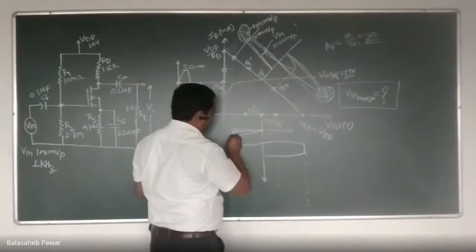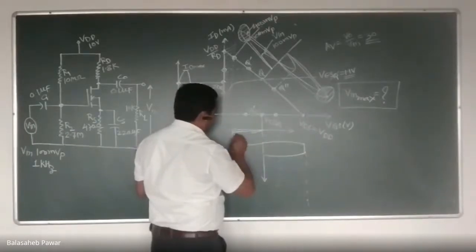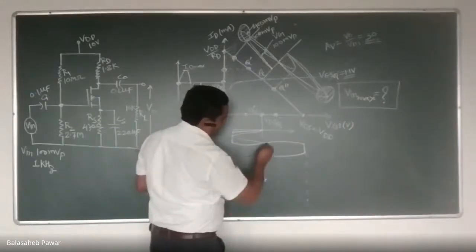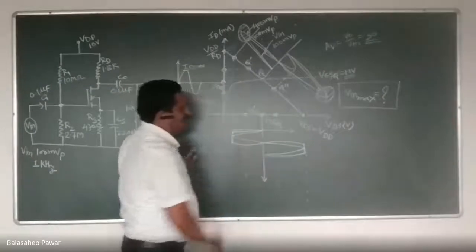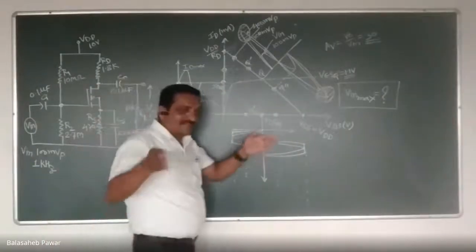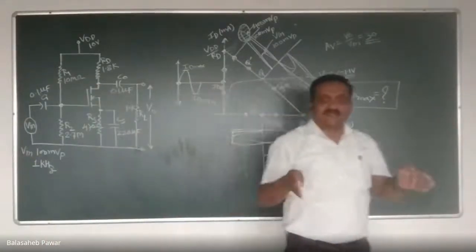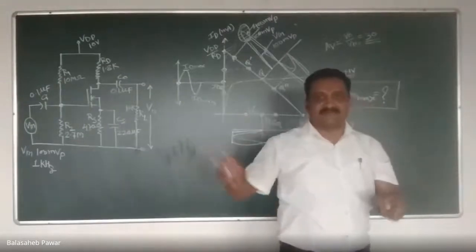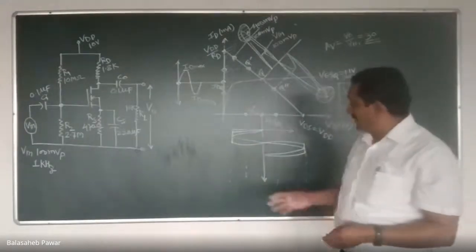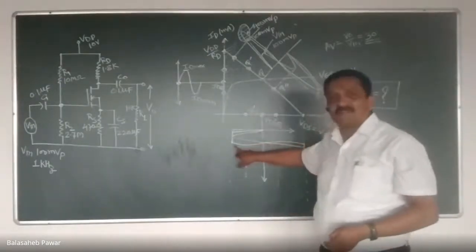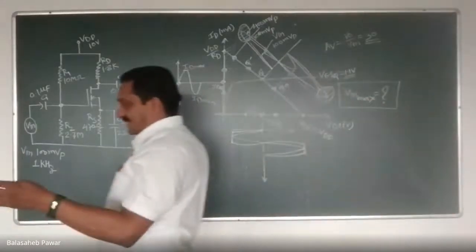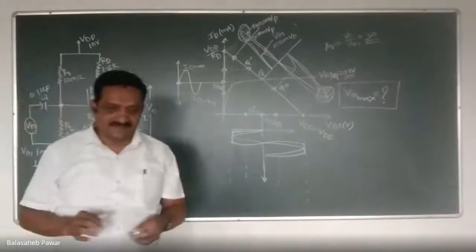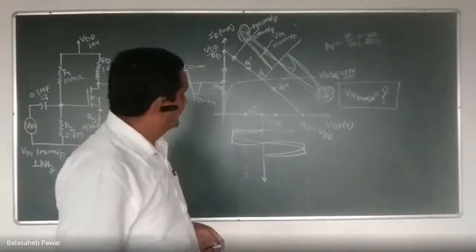So whenever it was 300 milli, at that time also we got the peak voltage like this. And whenever the input is 400 milli, we still get the peak output of only 300 milli into 30 times. But what is the disadvantage of that large input? Clipping occurs from both sides. Are you getting it? Yes or no? Yes, sir.